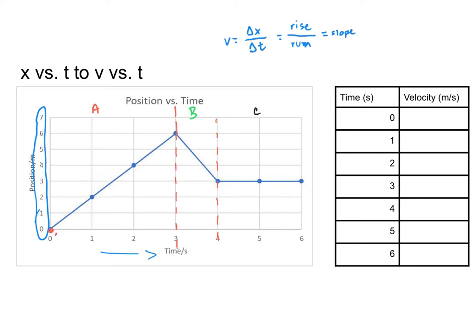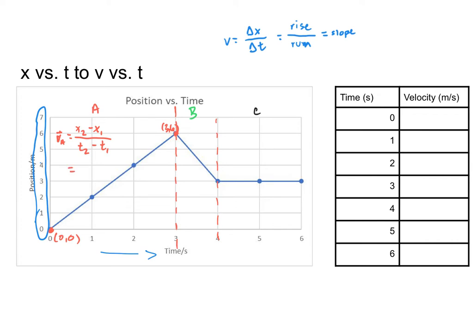To find the slope for A, I'm going to pick point number 1, which is 0, 0, and point number 2, which I can see is at 3, 6, and use my slope formula. My velocity in section A, VA, is y2 minus y1 over x2 minus x1, or more accurately, using what is measured on my axes, it's position 2 minus position 1, x2 minus x1, over my final time minus my initial time, t2 minus t1.